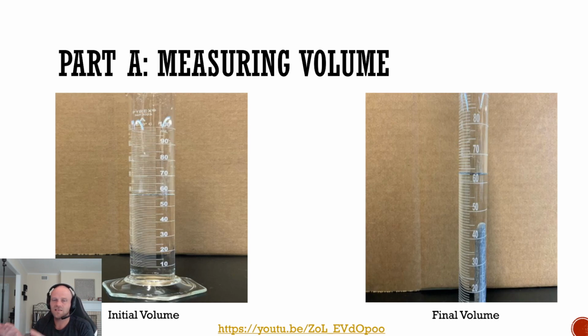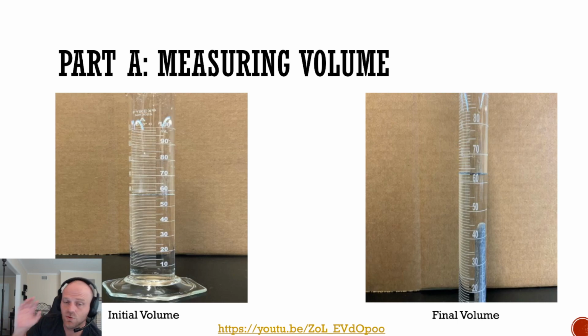So displacement is what we use to kind of figure out the volume of irregular objects, objects that can't be measured length, width, height, like a box. Okay, remember volume of a box is length times width times height. So if this was a square object, I could figure out roughly about the volume of it. But since it's not, it's kind of cylindrical, I have to use a graduated cylinder, and we're going to use displacement of water to determine the volume.